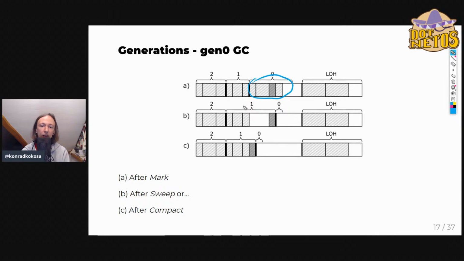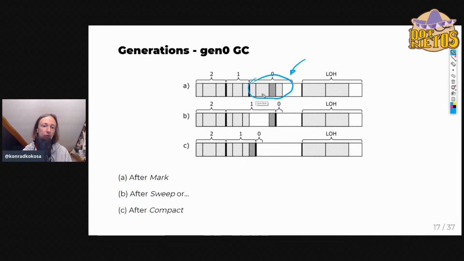Which means all the phases that I described previously, the whole marking, sweeping, compacting, everything will be happening only inside this particular region, which is generation 0. So everything that I've covered so far is valid, with this addition that it is applied not to the whole managed heap, but to a small part of it. Here we have this part, for example generation 0.